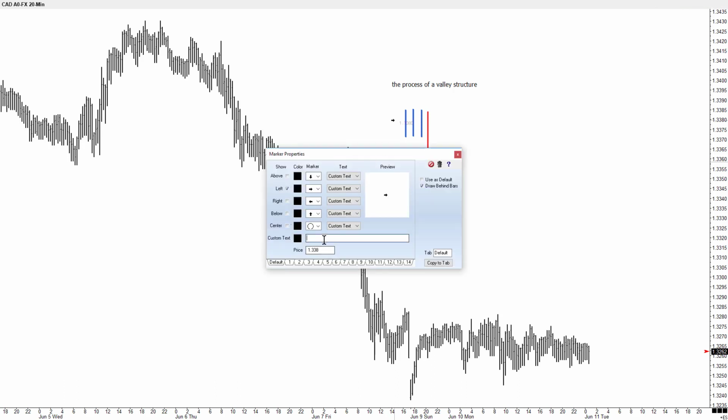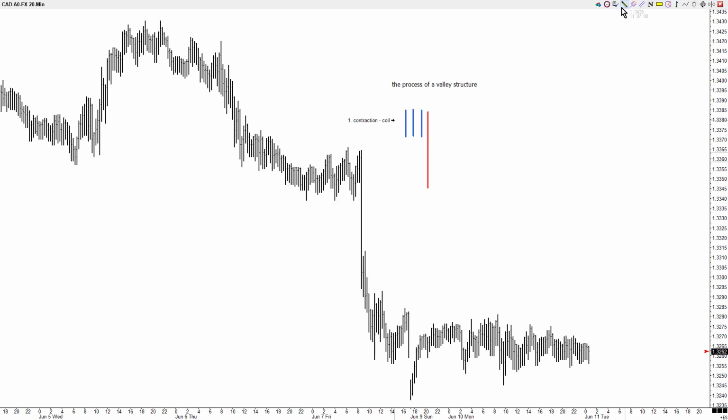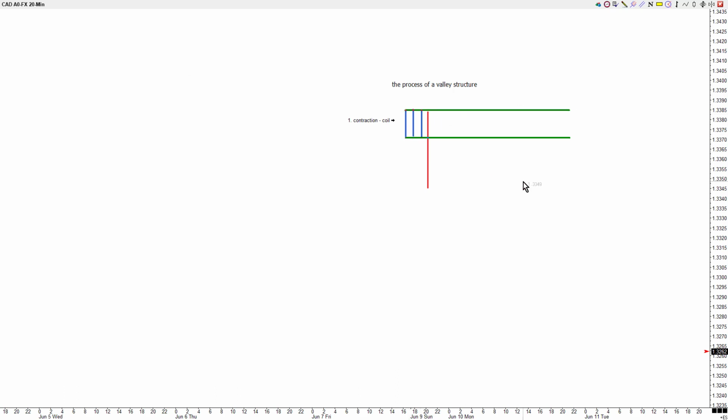So in this process, we're going to have contraction. This is step one. We're going to call this a coil, right? That's how it manifests. That's how you're going to see it. It's a coil or a range. Step one. Like that.